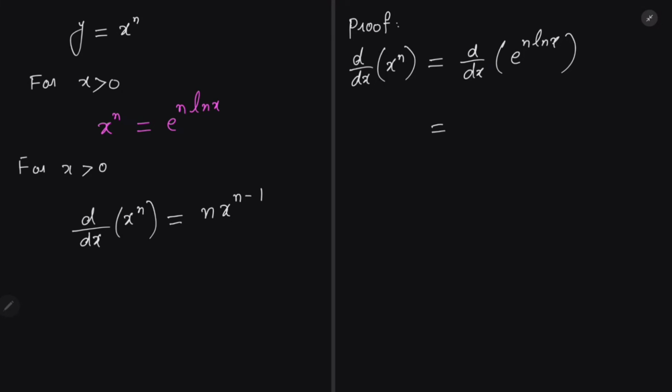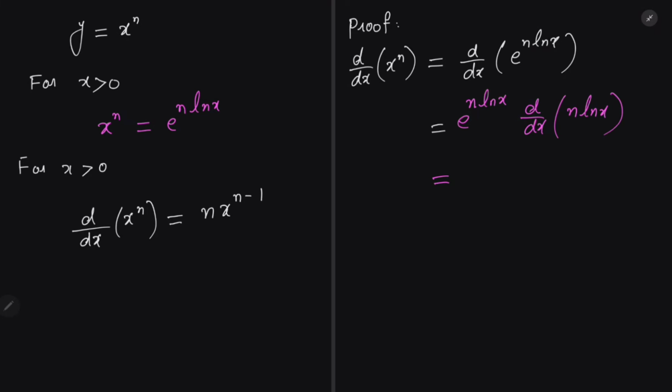The derivative of the exponential function is the same, but when we have some power other than x, then we have to apply the chain rule. And the chain rule becomes e^(n ln x) times d by dx of n ln x.